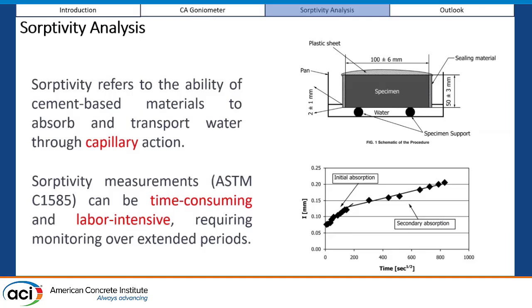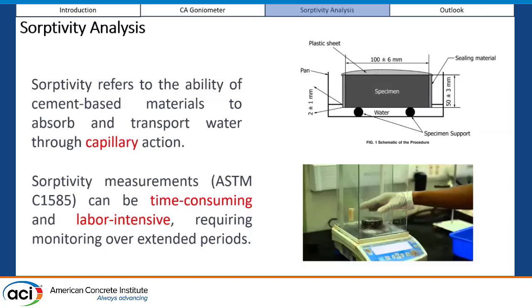And I get two linear lines. The first one is called initial sorptivity, and the second one is called secondary sorptivity. Initial sorptivity tells me about the resistance of concrete to physical sulfate salt attack, and the secondary sorptivity gives me an idea of the resistance of concrete to freeze-thaw attack.